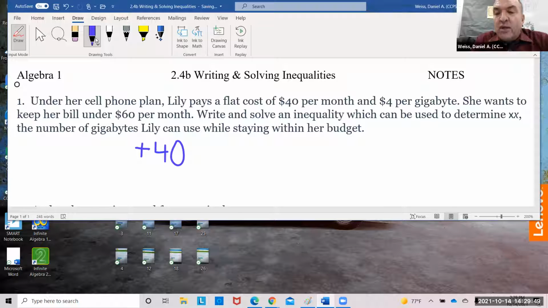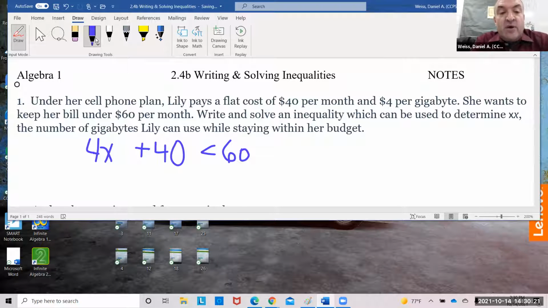Whenever you see per, that's going to be times X. So 4X. She wants to keep her bill under $60 per month. That's going to be less than 60.